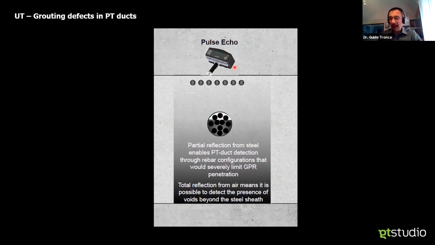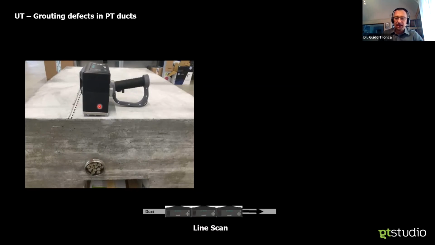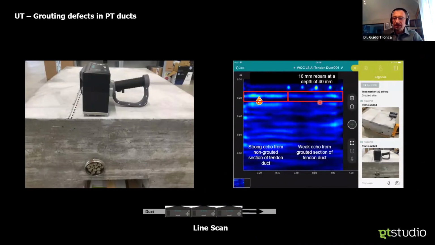The only one having a chance of not being blinded so much by steel and of chasing the air inside the duct is actually PROCEQ. Let's see a mock-up case where a partially injected duct was tested in the lab by means of a line scan, meaning the probe was moved along the axis of the duct, collecting this image that highlights the horizontal reflection of the duct.